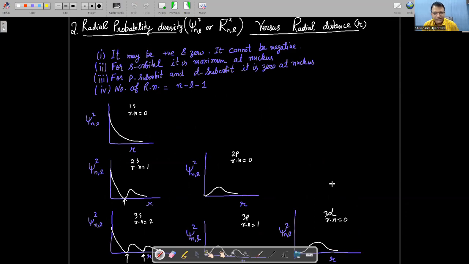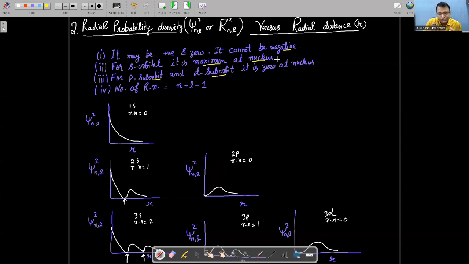So it is always positive or 0. It cannot be negative. The second point, as we have discussed, is that for an s orbital its value is maximum at the nucleus. Through the diagram of the s orbital we can see that as we move away from the nucleus, the probability density is decreasing.